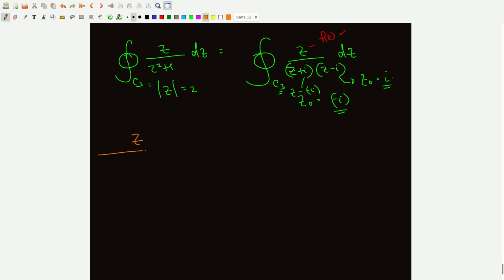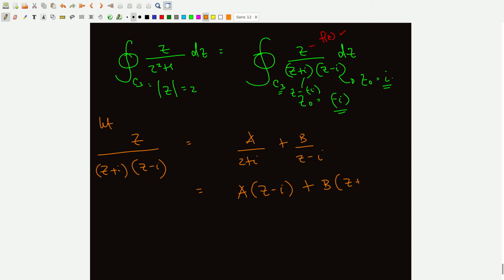So we write z over (z plus I)(z minus I) as a over z plus I plus b over z minus I. Then we have a into (z minus I) plus b into (z plus I), all over (z plus I)(z minus I).